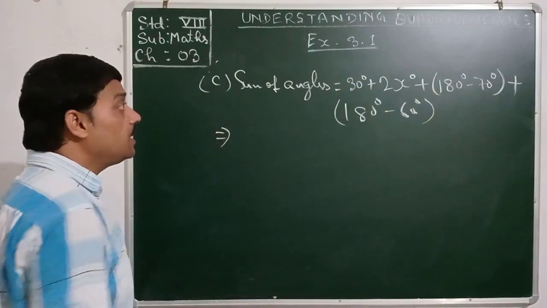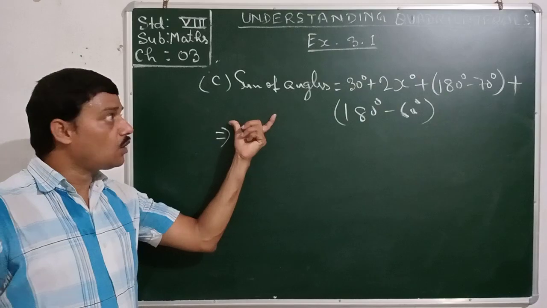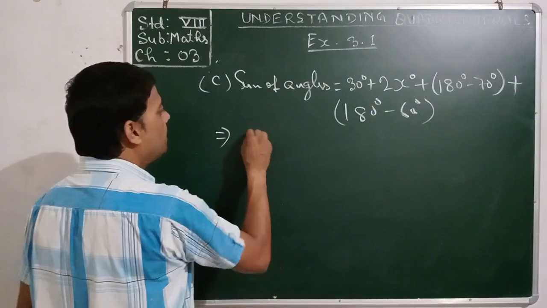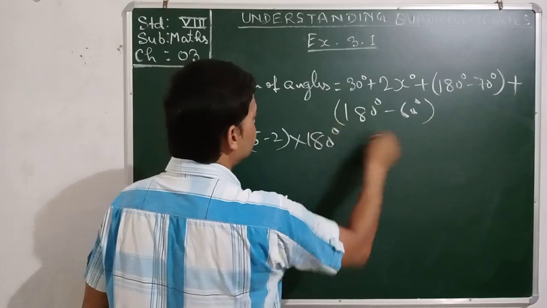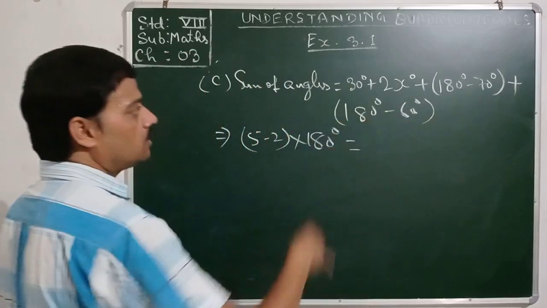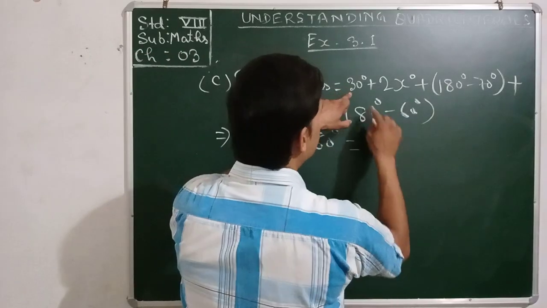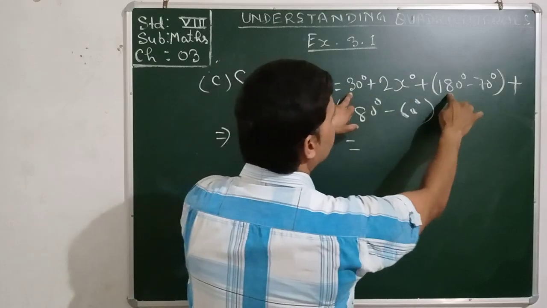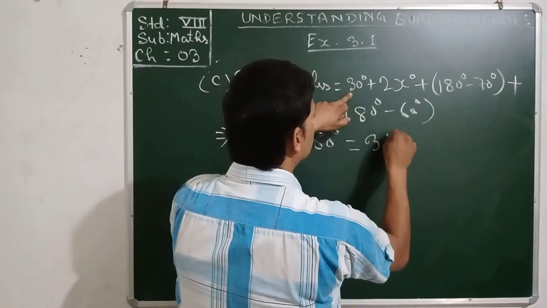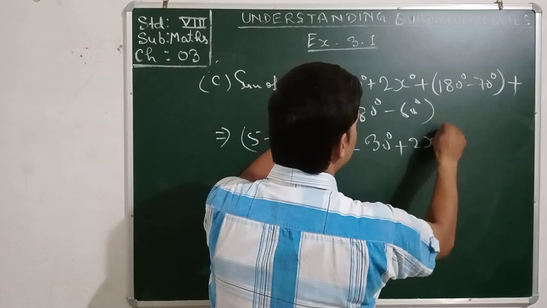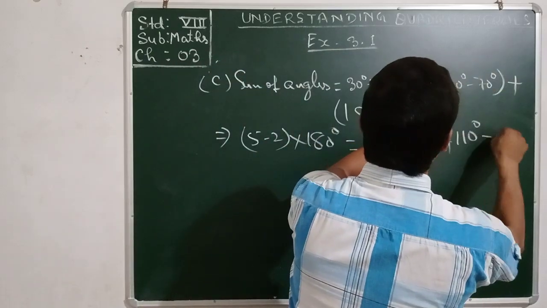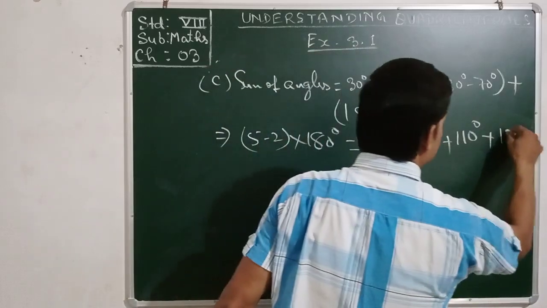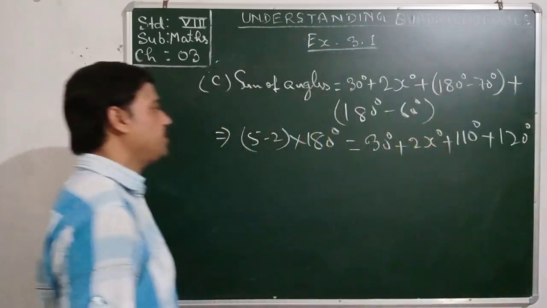The next step, as the figure is a pentagon, the sum of angles will be 5 minus 2 into 180 degrees equal to, this is 30 degrees, this is 2x degrees, this is 180 minus 70, 110 degrees, 180 minus 60, 120 degrees.